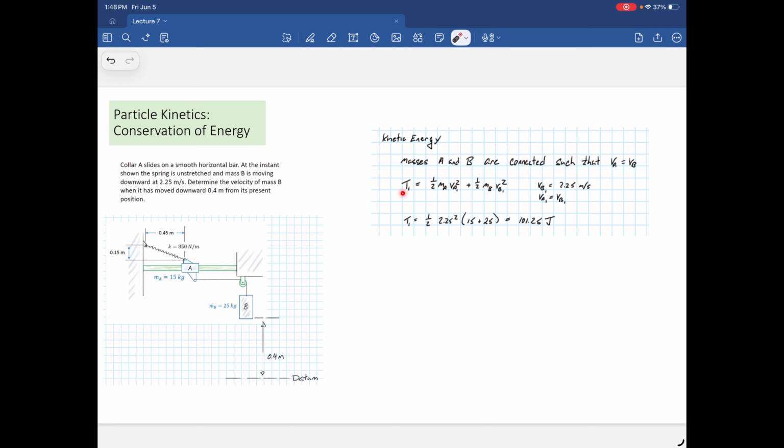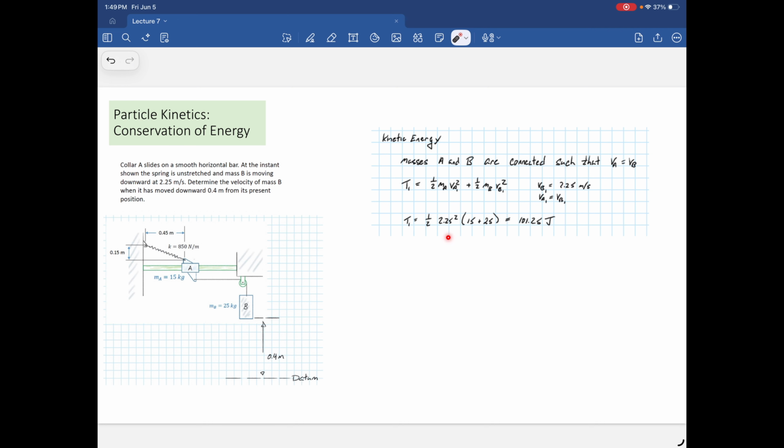So the kinetic energy will be 1/2 mA vA squared plus 1/2 mB vB squared. The velocities of A and B are equal to each other. We set that equal to 2.25 meters per second.